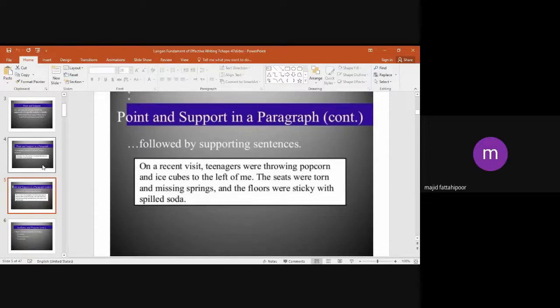For example, the last time I went to the cinema, all the seats were torn, and floors were sticky with spilled soda. And you can add more, like people are noisy or talking to each other. So this can be fictional. It need not be real life. You can imagine what kind of nuisance, what kind of problem movie going might have, just to support your idea.